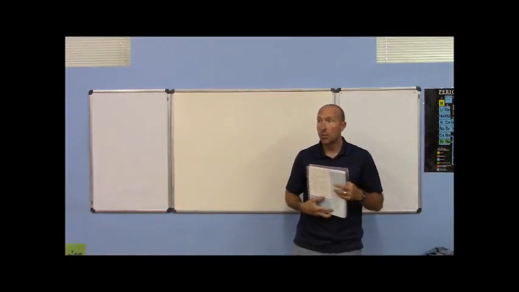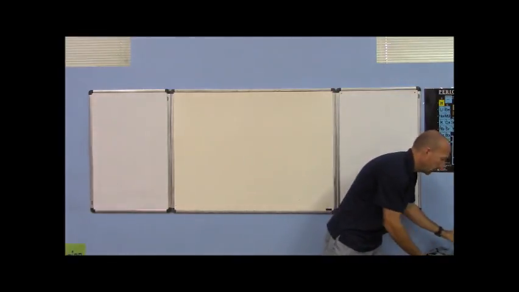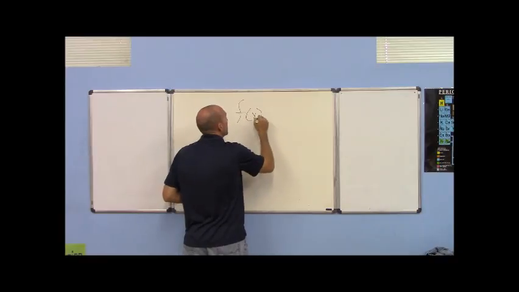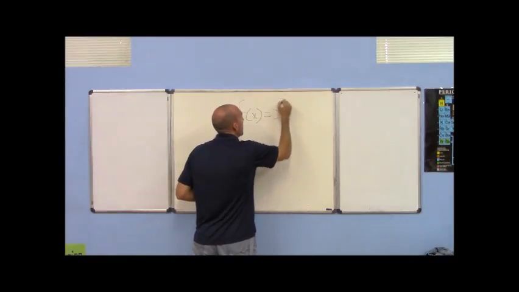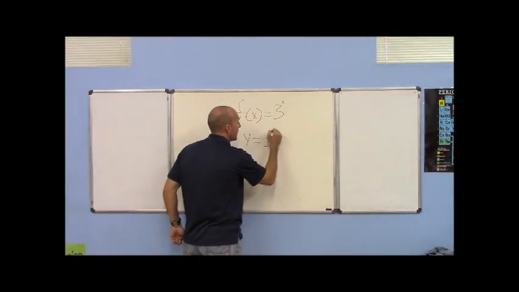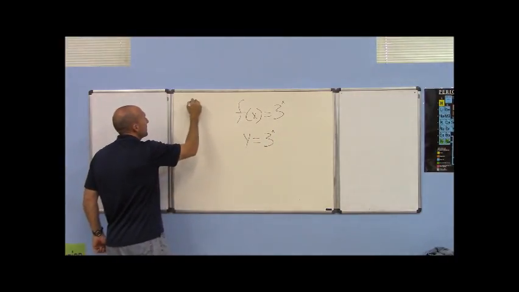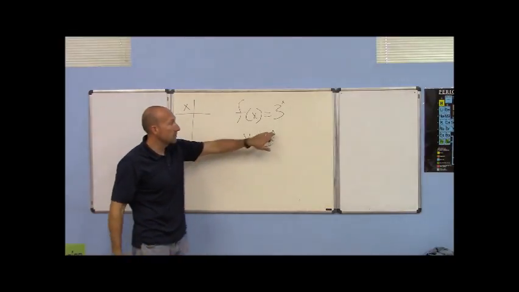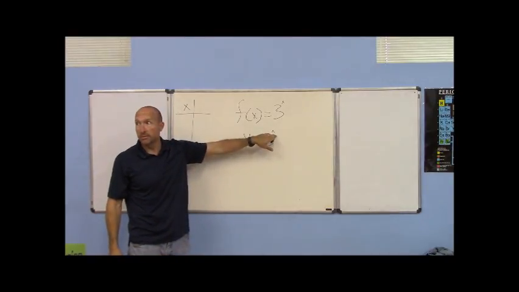And then the function of x equals y, so we're solving for y. In this situation, we're saying y equals 3 to the power of x. We are still finding values for x and solving for y. But our x values, it's an exponent.